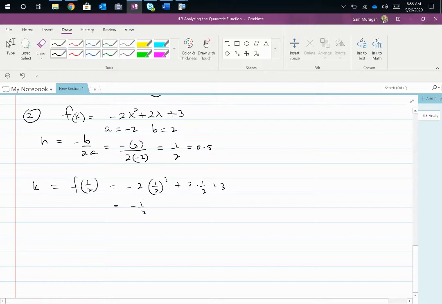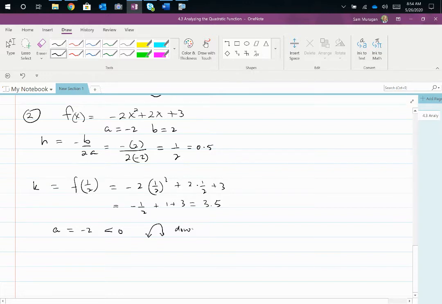And then 2 and 2 cancel out to give 1, plus 3, which is equal to 3.5. Now the a value is equal to negative 2, which is less than 0. So the graph is turned downwards.